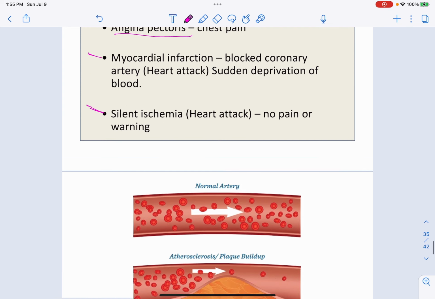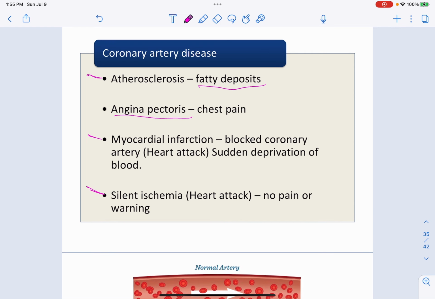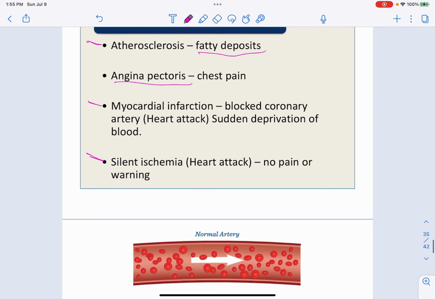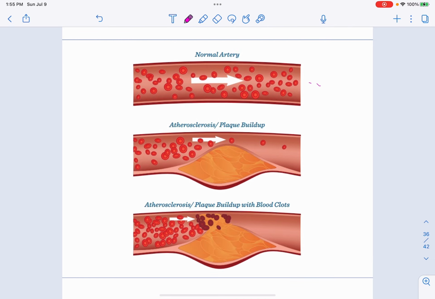You have no idea. So let's talk a little bit about this idea of atherosclerosis and how fatty deposits can cause coronary artery disease. So this is a nice image showing you a normal artery and all the red blood cells flowing through that artery.